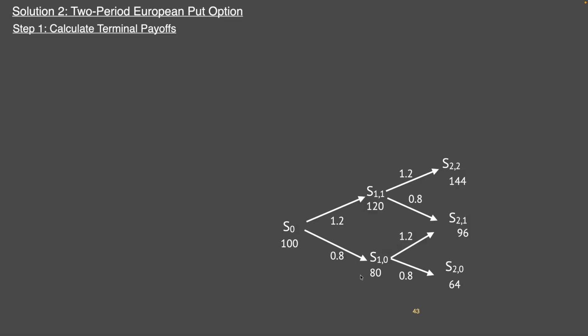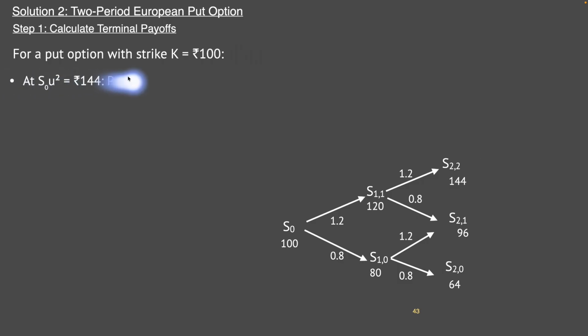Now S10, which is 80, also has an option to move up by 20% or move down by 20%. When 80 moves up by 20%, you have 80 into 1.2, which is 96. And if this 80 moves down, then you have S20 equal to 64. Now let us calculate the terminal payoff.